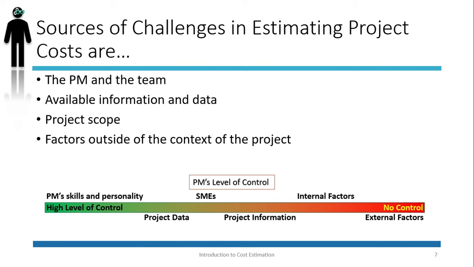This diagram demonstrates how the PM's level of control moves from the items that depend on the PM's skills and personality all the way down to external factors.